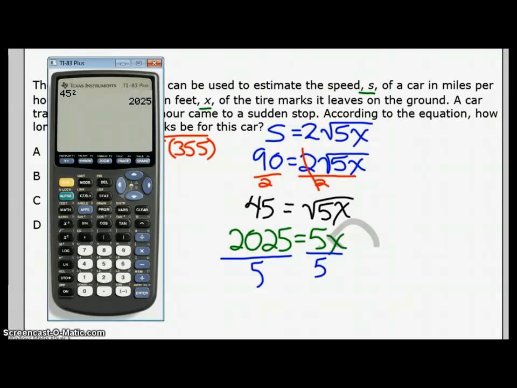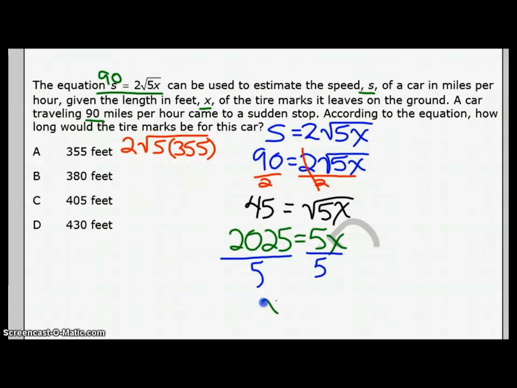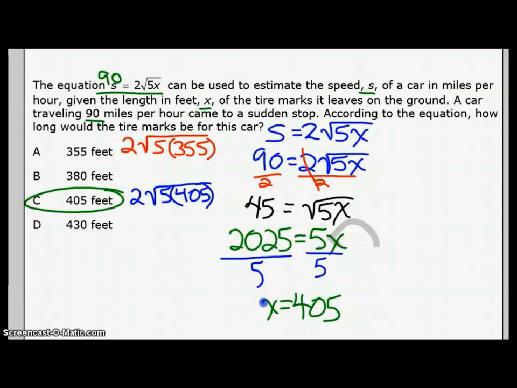And when we do that, we come up with an answer of 405. Now, if we had done it this way, we would have come up with 405, putting that into the calculator.